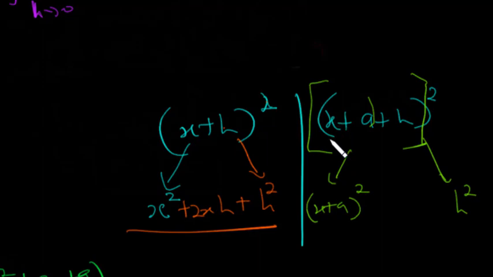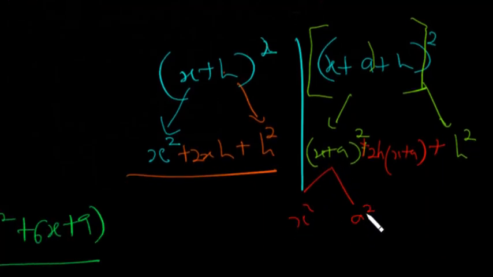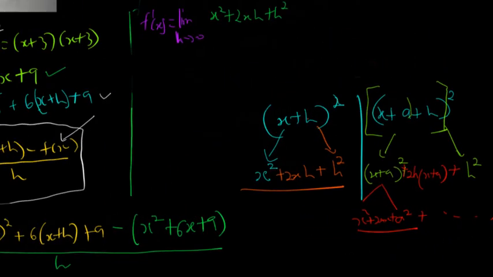So you have 2 times h times x plus a. Then from here you can further expand this, and this will be x squared here, a squared here, then you have 2ax plus that, and you add the rest here. So it's very, very simple.